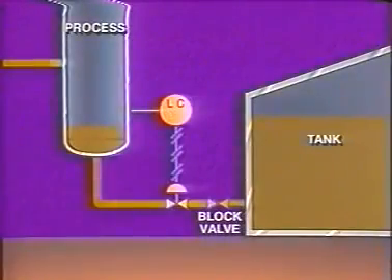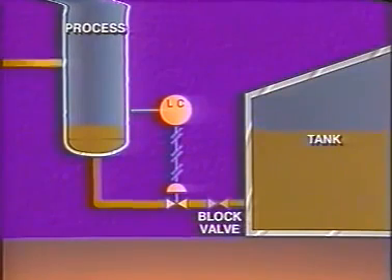Here's a situation that could cause a process upset. Normally, fluid flows into this tank from a process and then from the tank into a chemical processing facility. Suppose someone closes the manual block valve on the inlet line to the tank without notifying the unit supervisor. Since no fluid is entering the storage tank, the level begins to drop as fluid is pumped out and sent to the chemical facility.